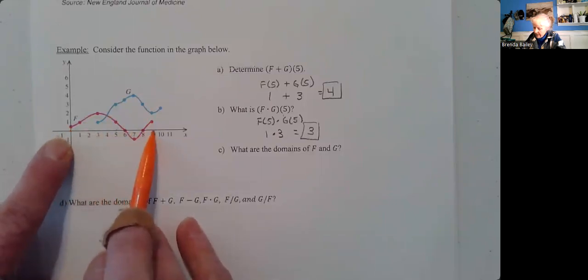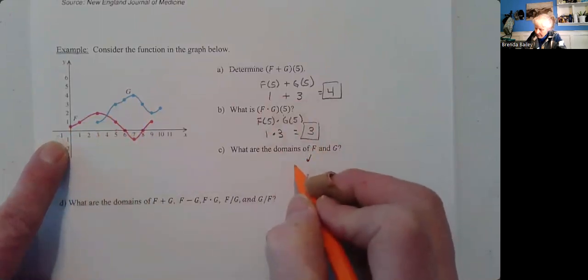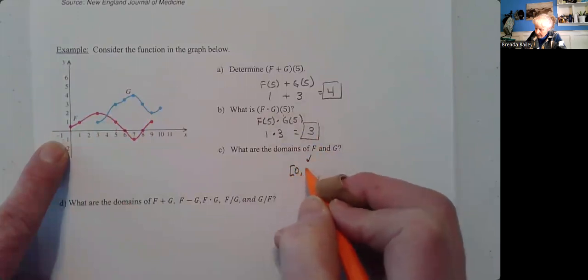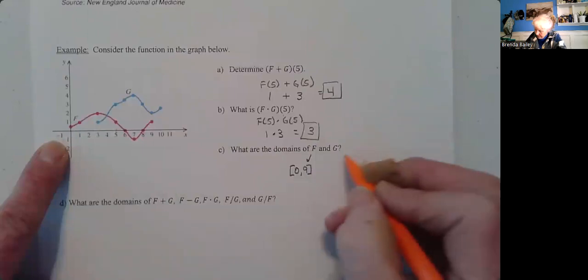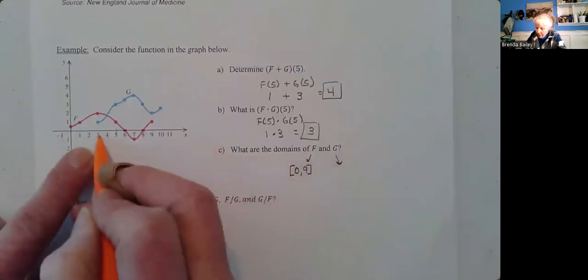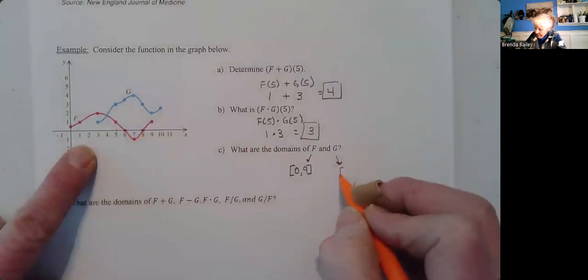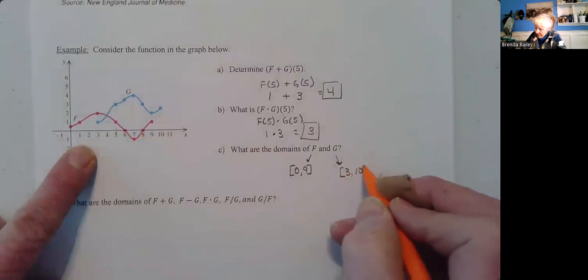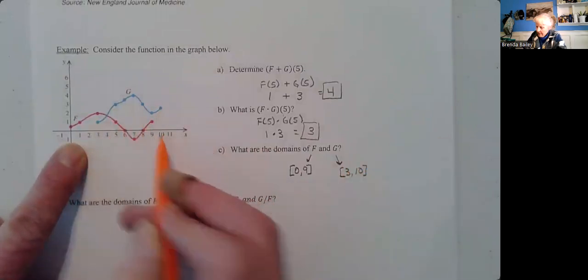Domains are the X's. So we can use interval notation here, 0 to 9. The G function goes from 3 to 10. So it starts at 3 and it stops at 10.